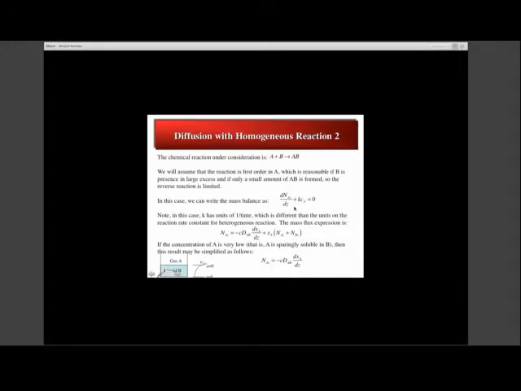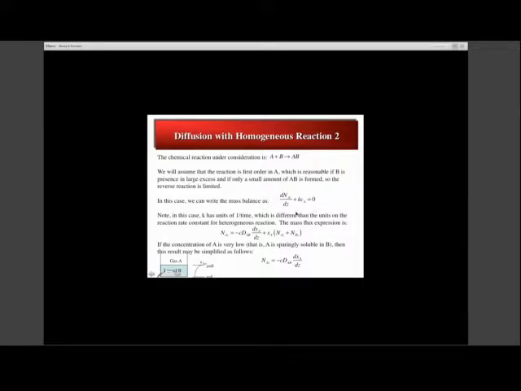That is, any difference between the flux of A going from Z to Z plus delta Z in this liquid is due to the fact that A is being consumed by chemical reaction. So this is basically saying that the net rate of accumulation, the difference between the amount of A coming into and going out of a thin slice between Z and Z plus delta Z, is equal to the amount of A that's consumed by chemical reaction.